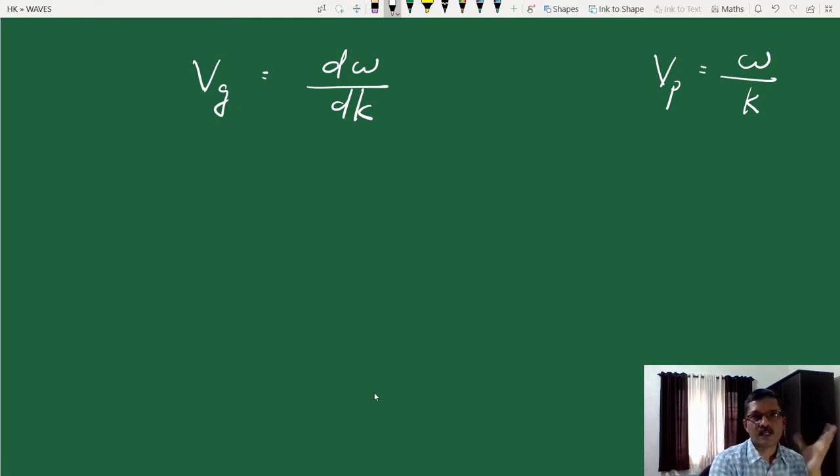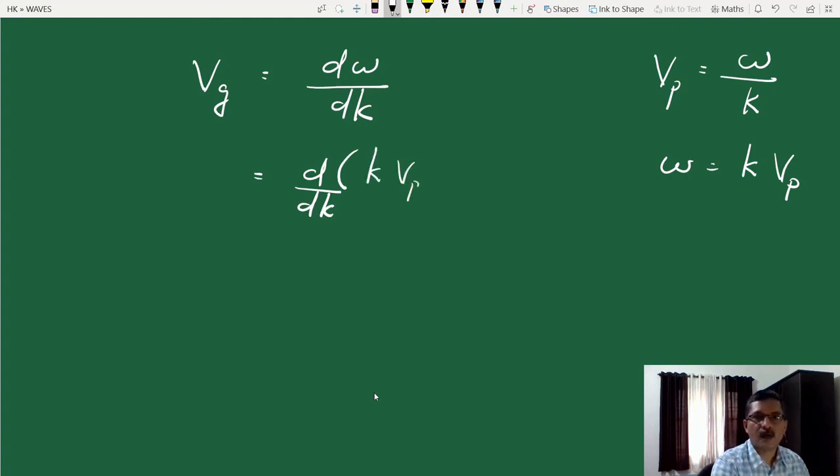For the resultant wave, the phase velocity is omega by k. Then omega I can write as k times this average phase velocity. I can substitute that value here, so this is d by dk of k times the average phase velocity of the wave.